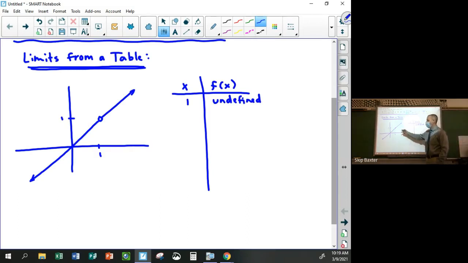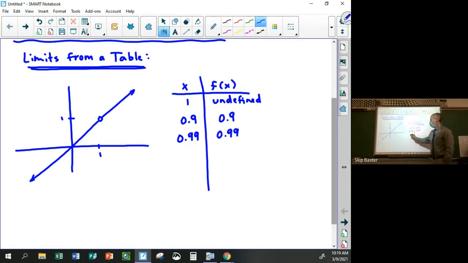Like, for example, if this is just the line y equals x, but that's missing a point. If I substitute in, for example, 0.9, it'll give me a number back. It'll give me 0.9. Because this is the graph of y equals x, except it's missing a single point. If I substitute in 0.99, it'll also give me 0.99, and so on, right?